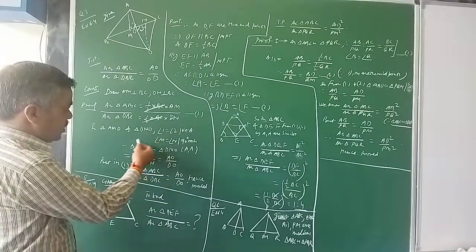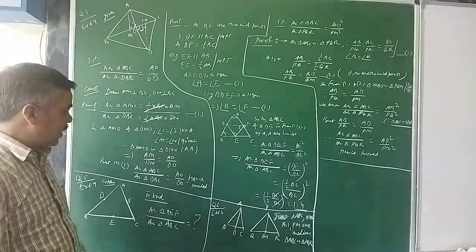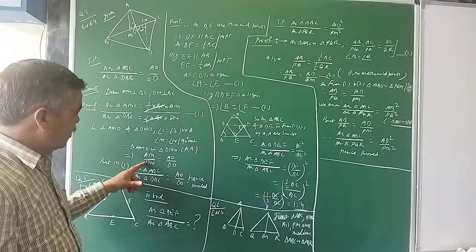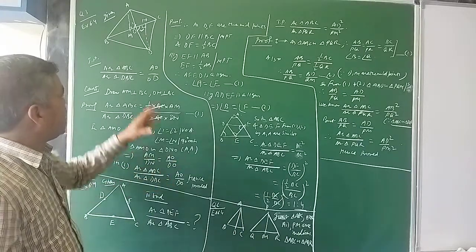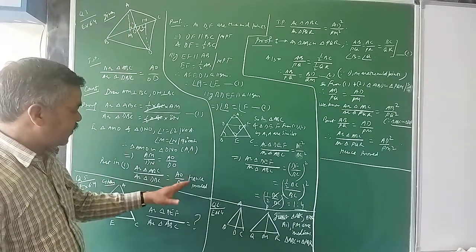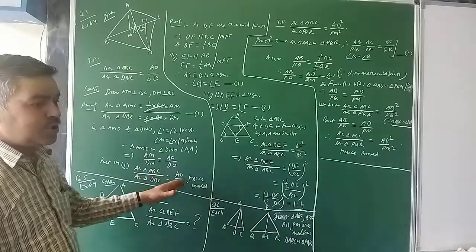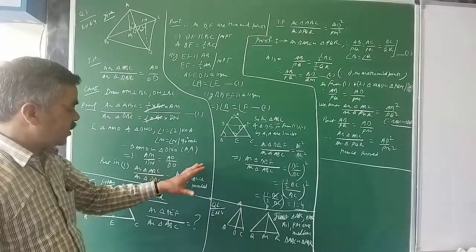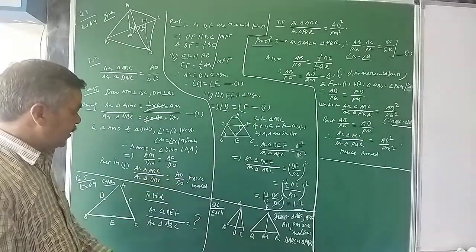So two triangles easily I am finding are similar by angle criterion. So AM upon DN easily I can replace by AO upon OD. So that was the requirement which I need to prove. So hence you can conclude your answer over here.